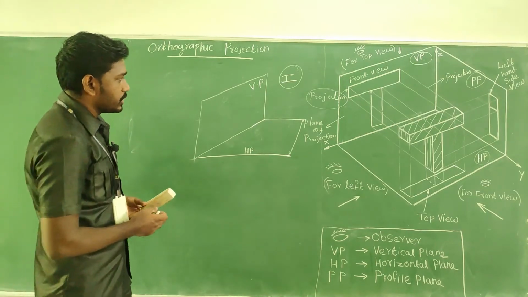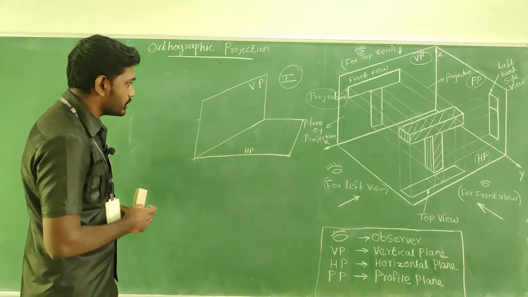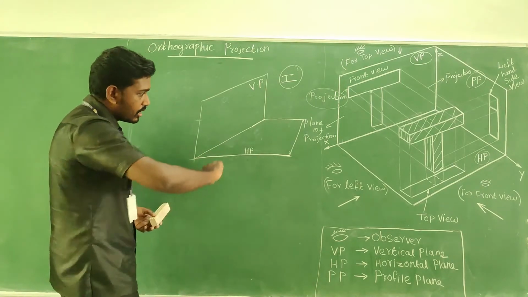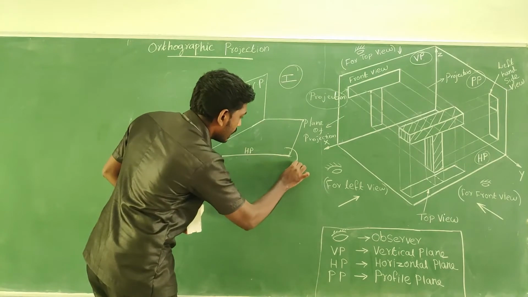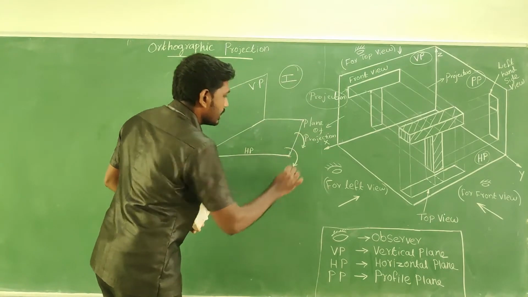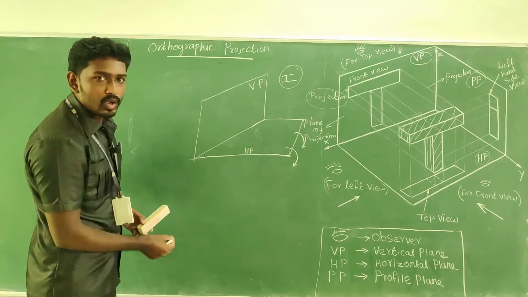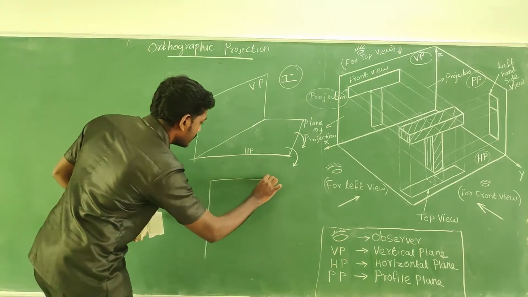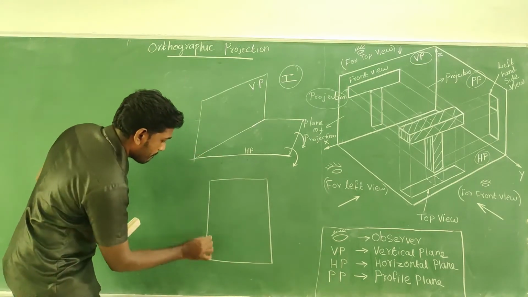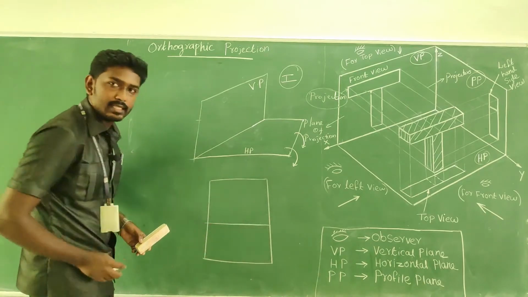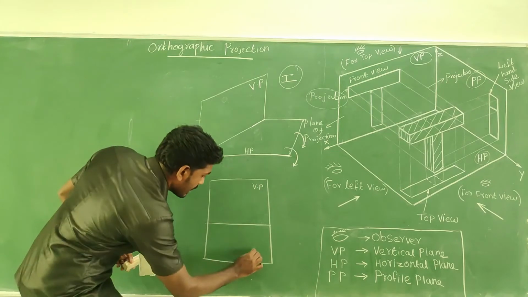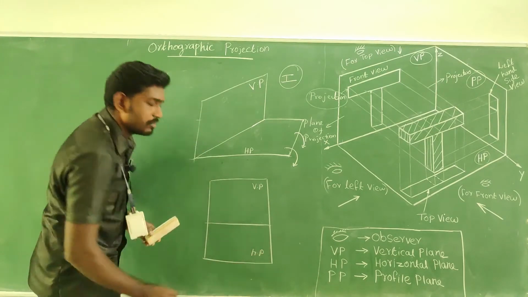So in order to capture it, what we do is the horizontal plane should be turned like this in the clockwise direction, so that the vertical plane comes here and the horizontal plane comes here.